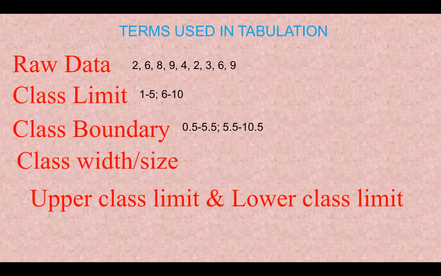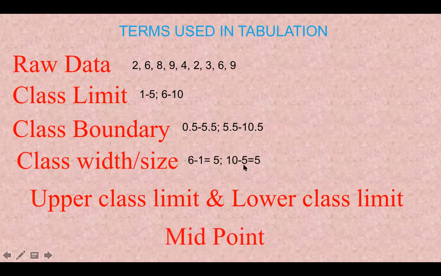Class width, also known as the size of the class. We get it by subtracting the lower class limit of one class from the lower class limit of another class, or by subtracting the upper class limit of one class from the upper class limit of another class. Here the class width in this example is 5.